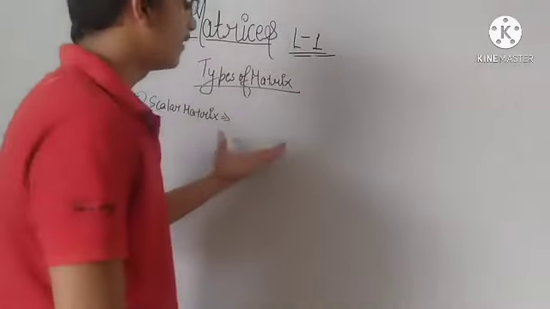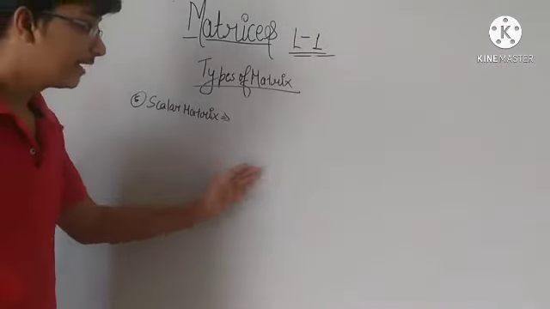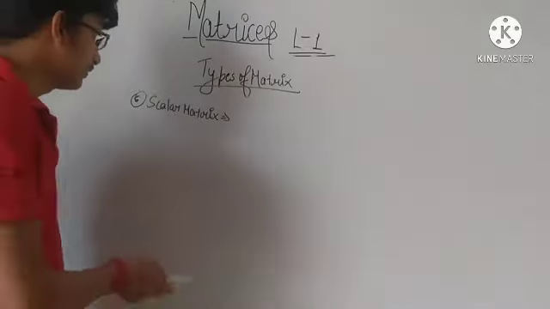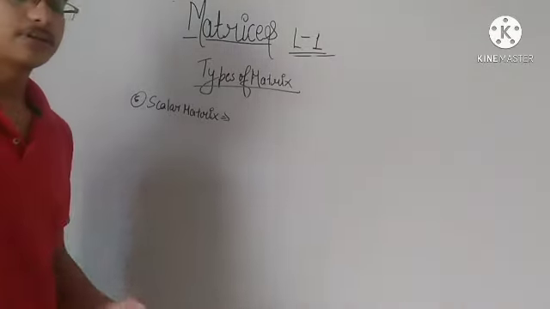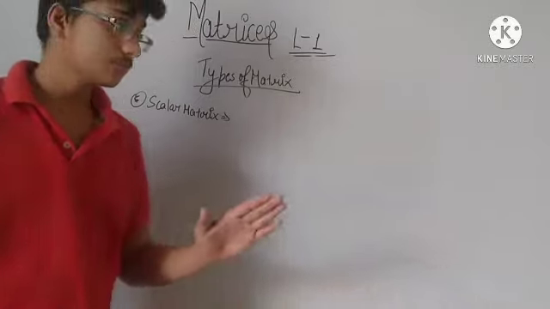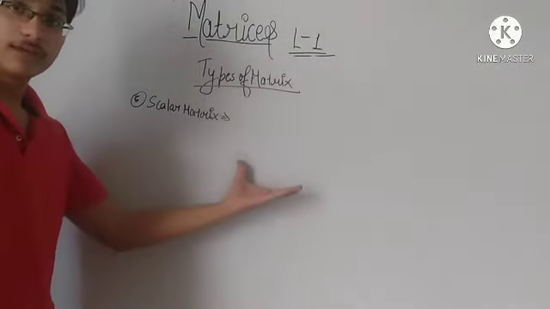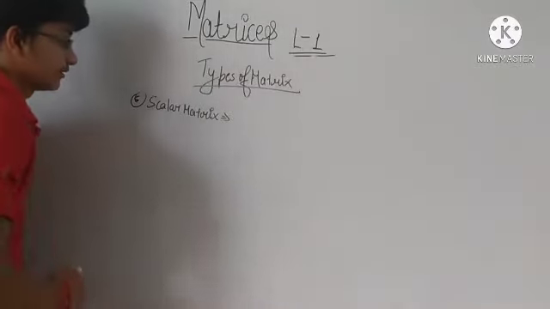A scalar matrix is a matrix in which all the main diagonal elements are equal and the other elements are 0. I repeat, a scalar matrix has all main diagonal elements the same or equal and the other elements 0.